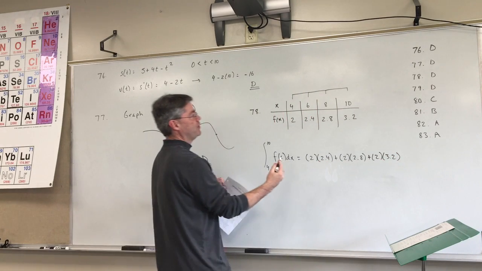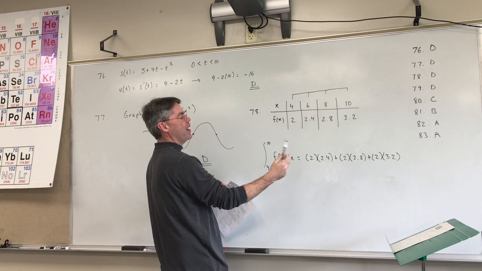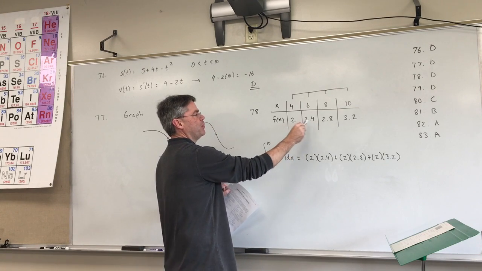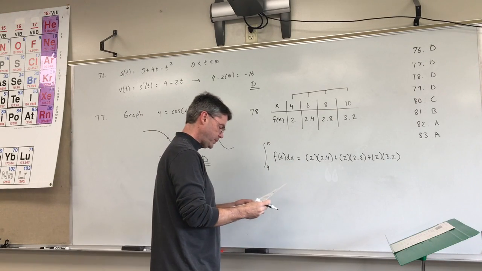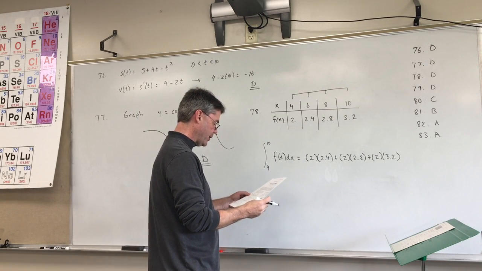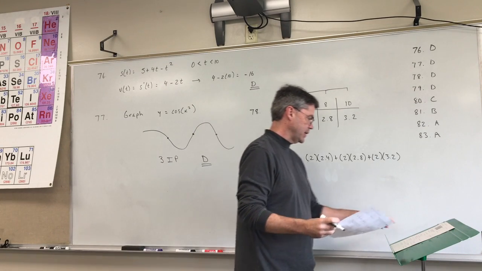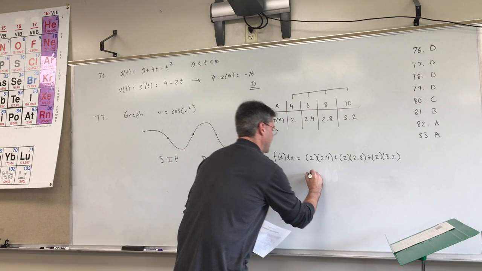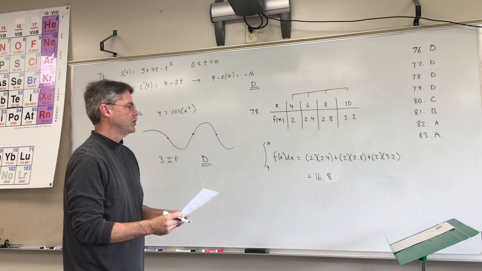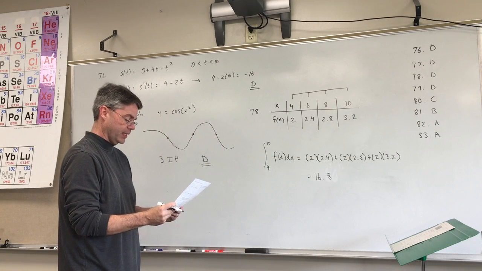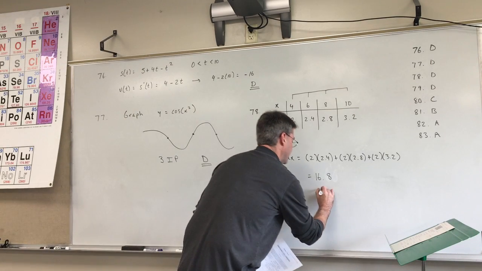If it had been a left sum, you would have used the left values, 2, 2.4, 2.8. If it had been a midpoint, you would have taken the midpoint between each of these two. When you add all of those up, you get about 16.8. You can go ahead and give that a try in your calculator, but that is answer D.